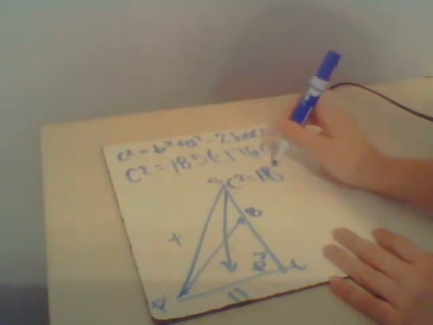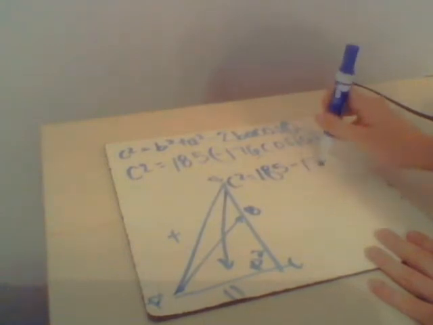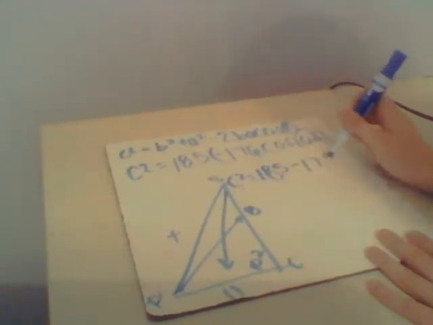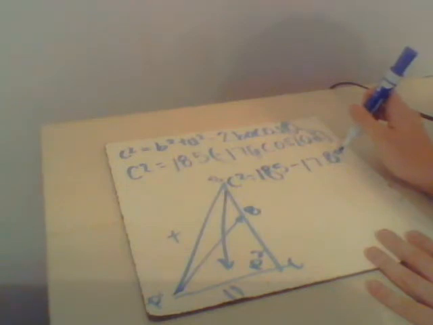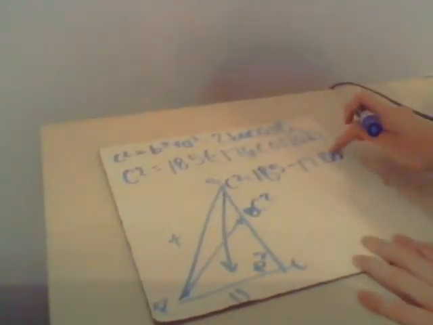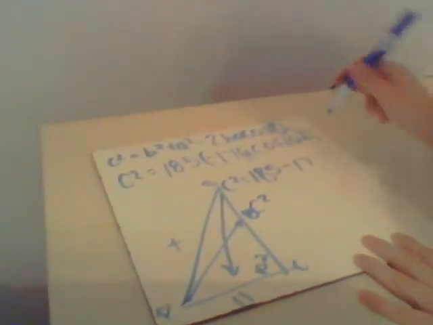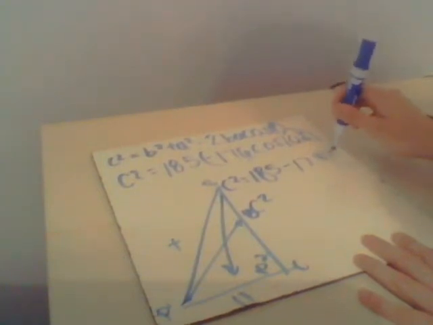So we're doing 185 minus 176 cosine 102, and that is going to be minus 17.8. Actually, let me round this to the thousandths. So let me do 0.879 instead.